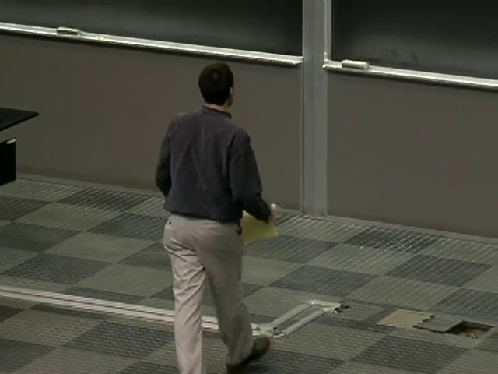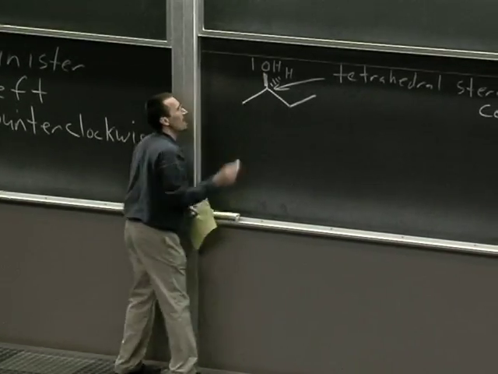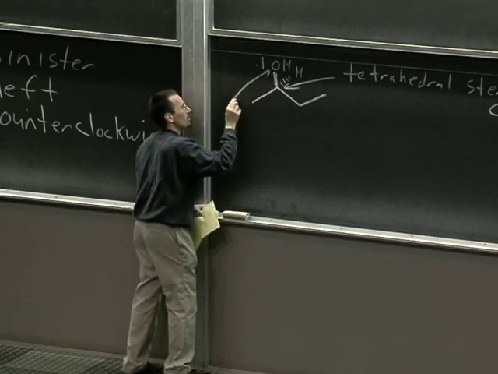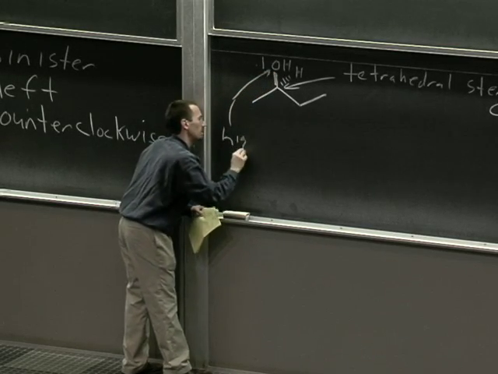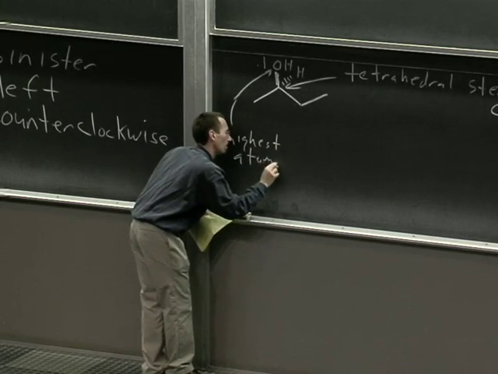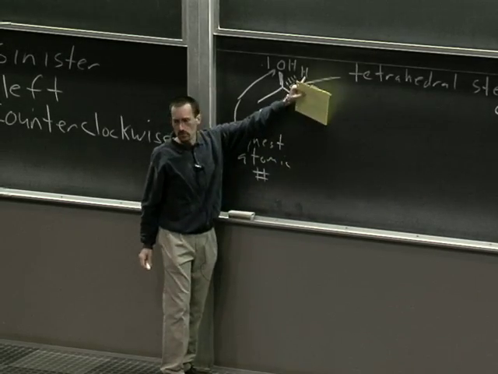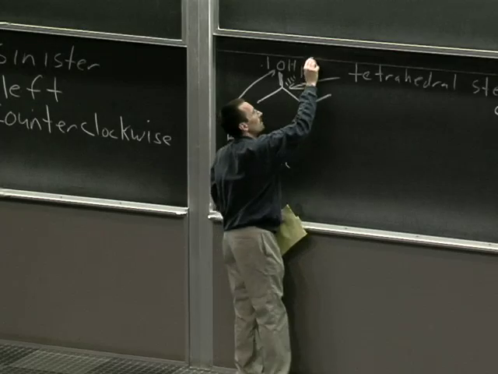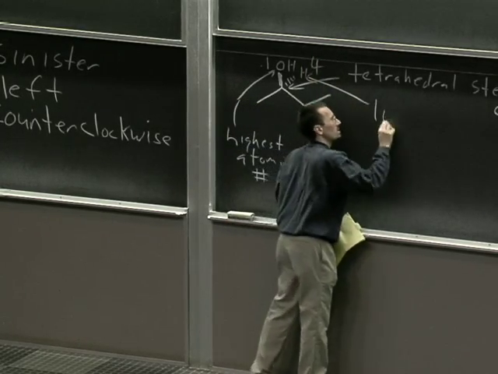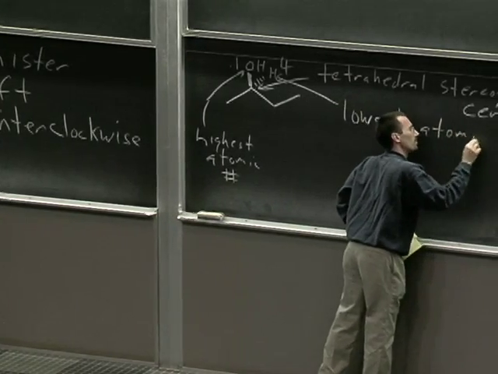So for priorities, it's pretty easy to see that our OH, the oxygen on here, is going to be 1. I'll just put an arrow here, highest atomic number. And our hydrogen then is going to be 4. I'll put an arrow here, lowest atomic number.